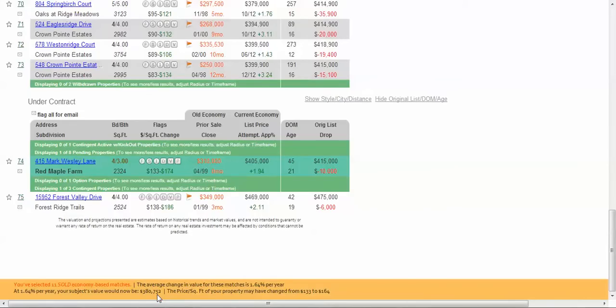If you have never seen this property and you're looking at this data sight unseen, you pretty much come up with, based on Bryan comps, that this house is worth between 380 on the low side and 390. What a coincidence that it was on the market for 45 days, but when they dropped the price, the property went under contract. If the buyer paid full price, they paid around 1.94% appreciation. But I doubt after 45 days the buyer paid full price. So it's probably going to be in the range of the 380, 390-ish price point.